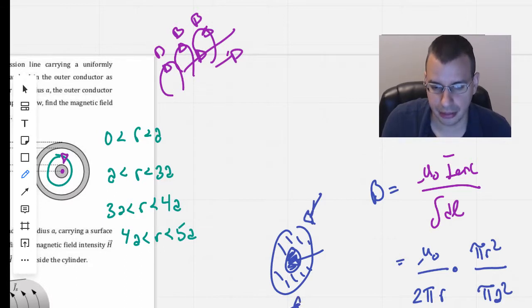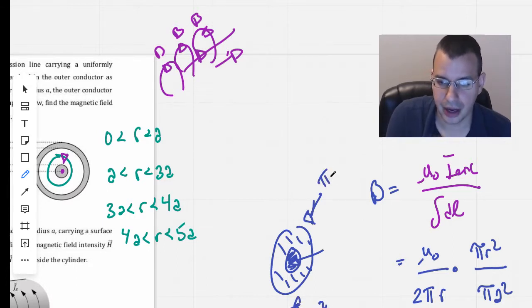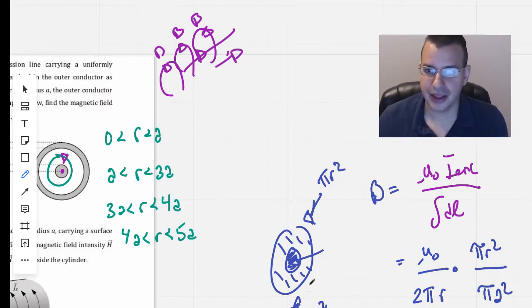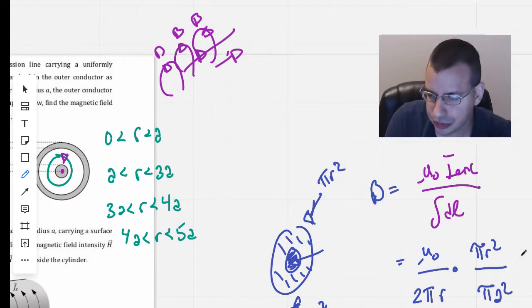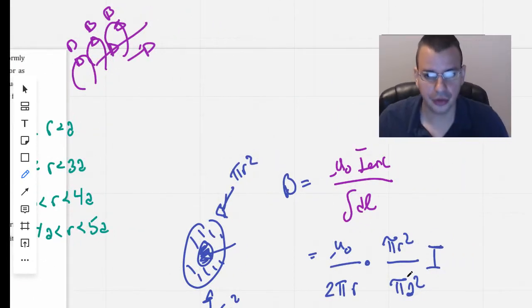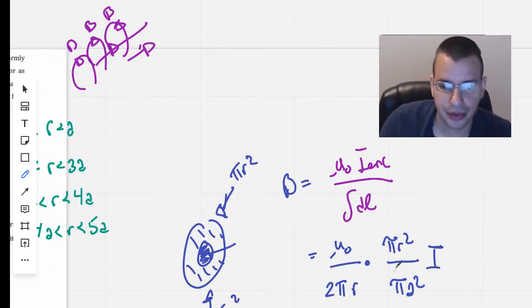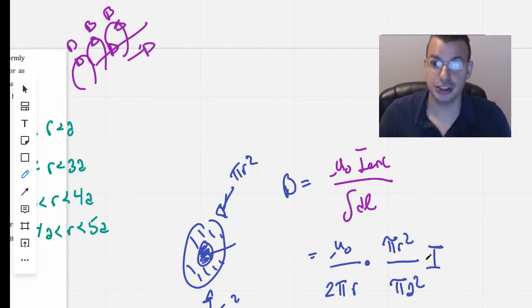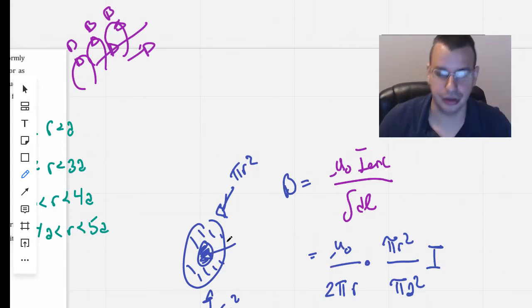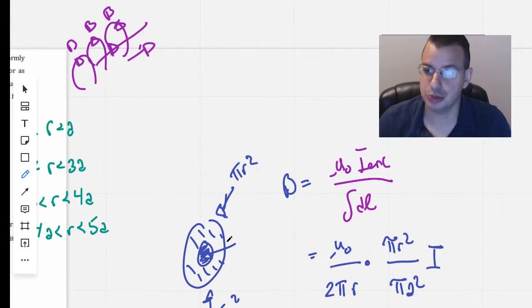So big circle, pi a squared, small circle, pi r squared, and we do pi r squared divided by pi a squared, and that gives us our enclosed current, which we multiply by I, the total current going through. If our radius is 0, then we'd have 0 over some number, 0 times I means we'd have 0 current. But if our smaller circle is the exact same size as the bigger circle, we'd have pi a squared over pi a squared, which would be 1, which means we'd have all the current, which makes sense.